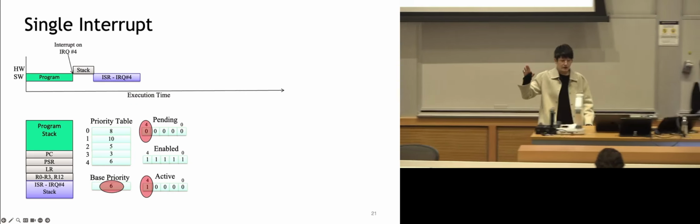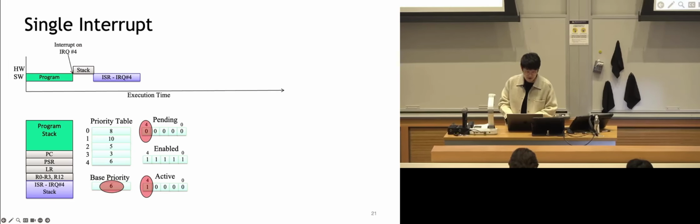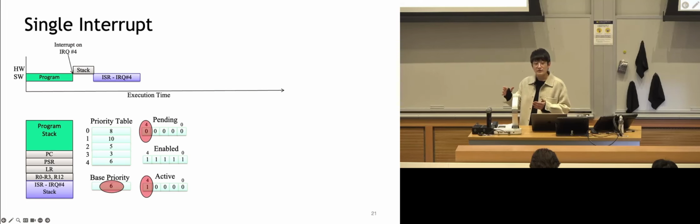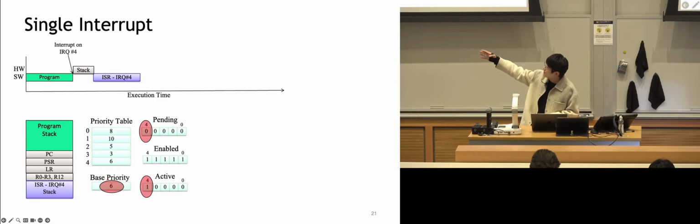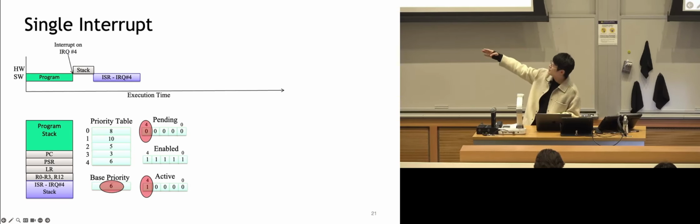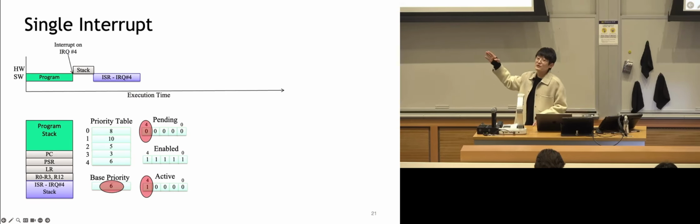And that will then trigger, and all those interrupts are enabled. So if the pending is up, that means this interrupt can be executed or should be executed, and that will also trigger stacking in hardware. Basically, all of those values that we mentioned before will be pushed onto the stack, and that will also make the active bit go up. The active bit going up triggers the pending bit to go down.